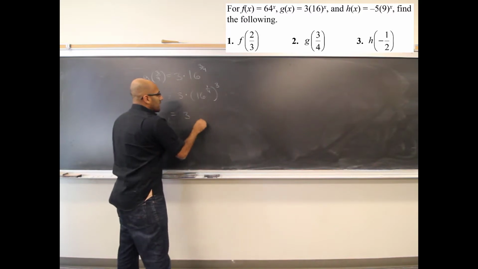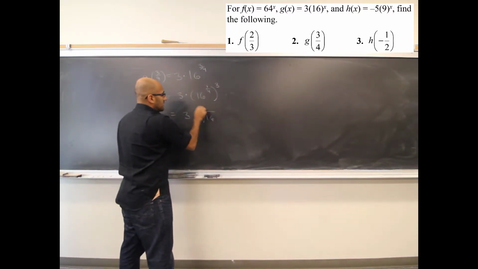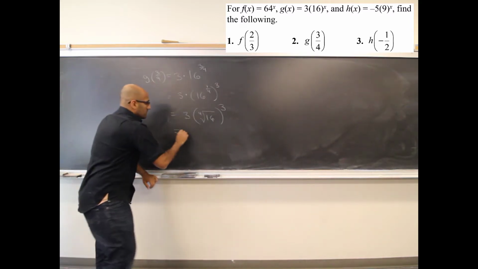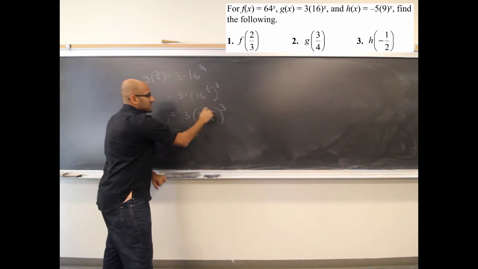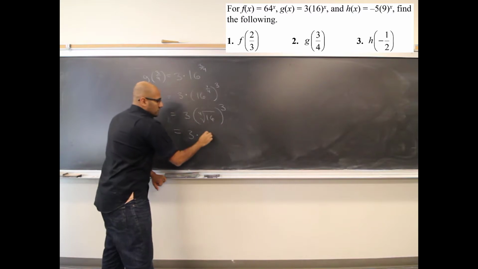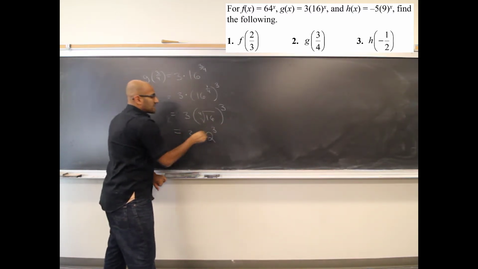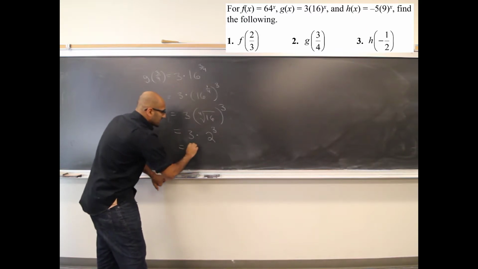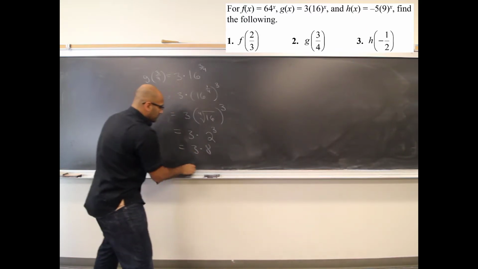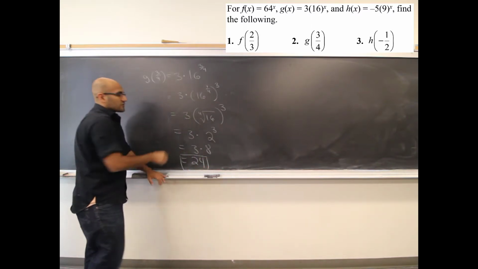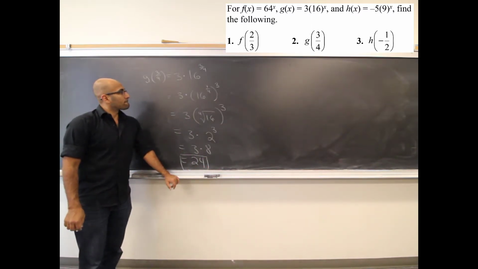Then this would become the 4th root of 16 being raised to the power of 3, which is 3 times 2, since the 4th root of 16 is 2, raised to the power of 3. Well, that's just going to be 3 times 8, which equals 24. So there's my answer, 24.